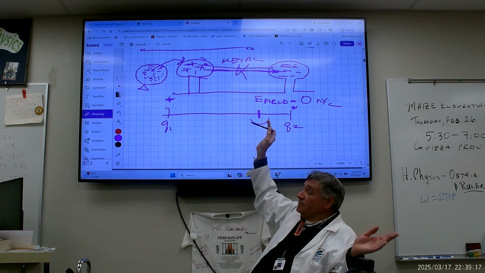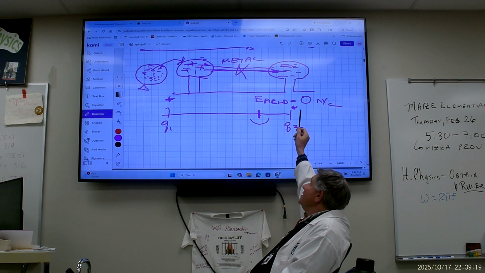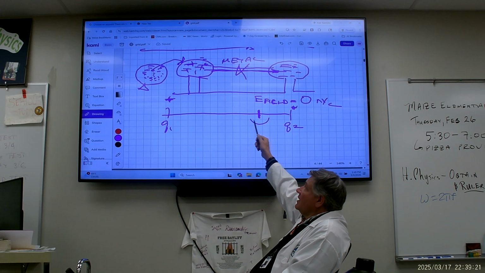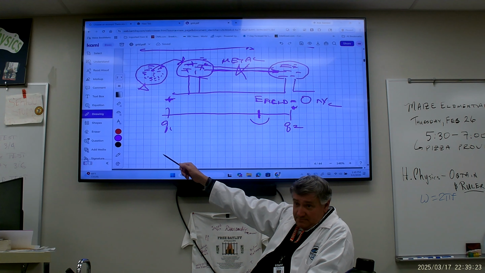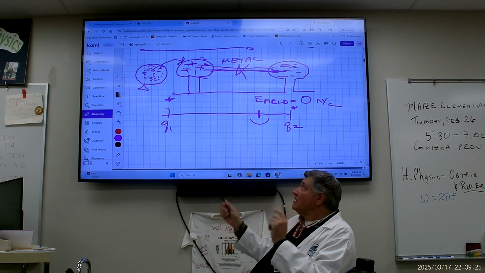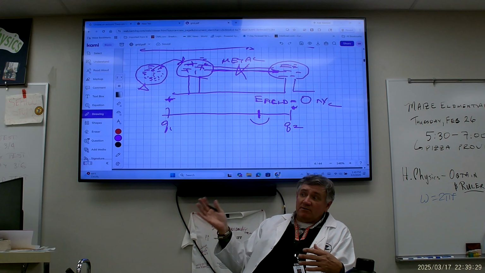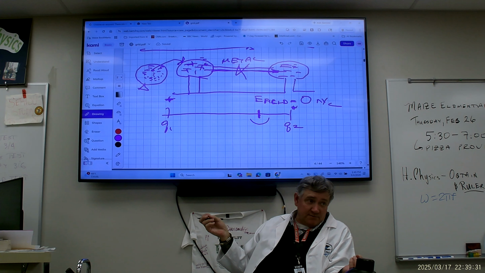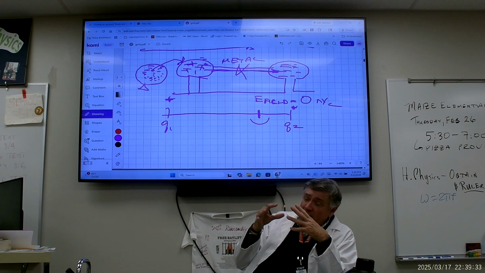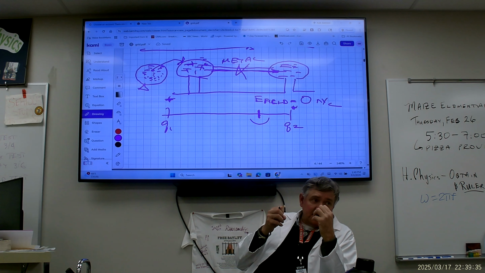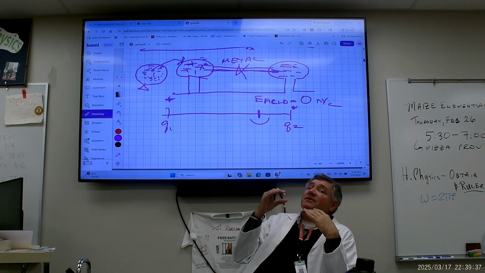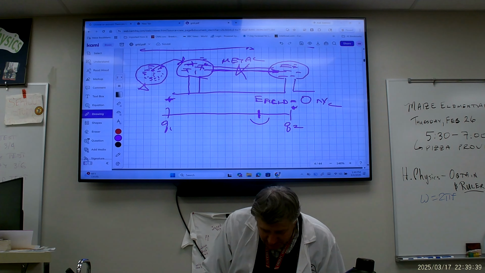Pulled and pulled. If this was positive and that was negative, there's no way the electric field can be 0 in between, because it's always going to be pushed and pulled by one of them. So in between, the only way that you can have a net electric field of 0 is if they were both one charge.